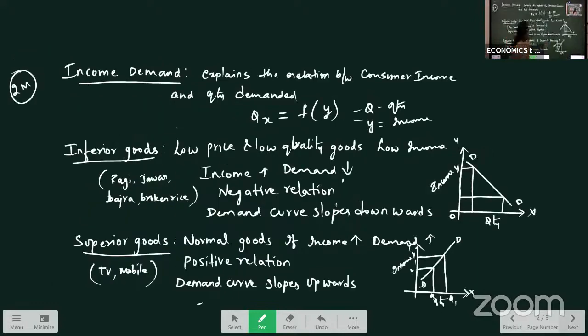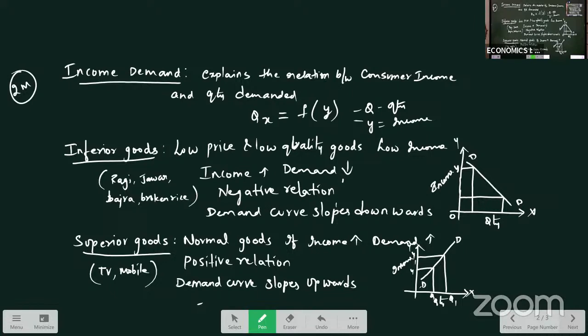Next, we have done the concept of income demand. Income demand explains the relation between consumer income and quantity demanded. For it, there are two types of goods: inferior goods and superior goods. Inferior goods are low priced, and these goods are preferred by people when their income levels are low.